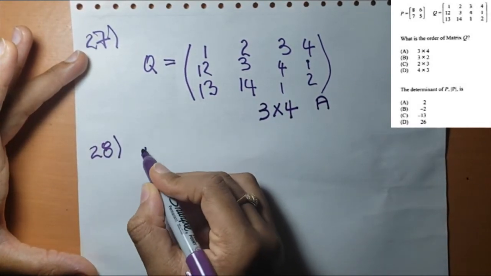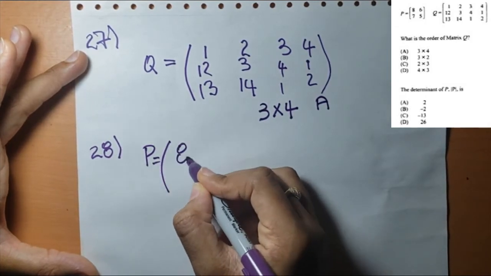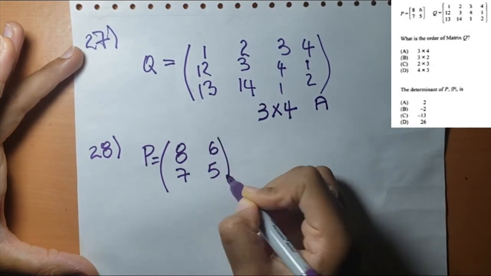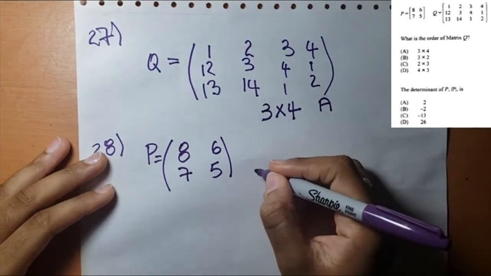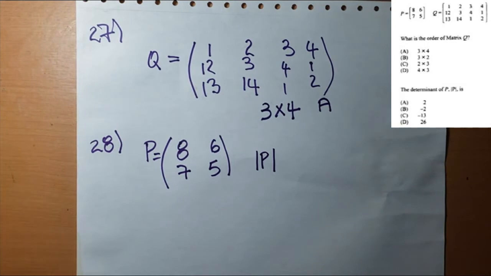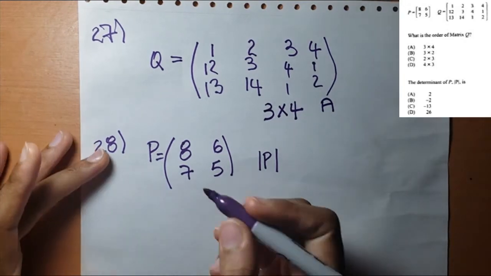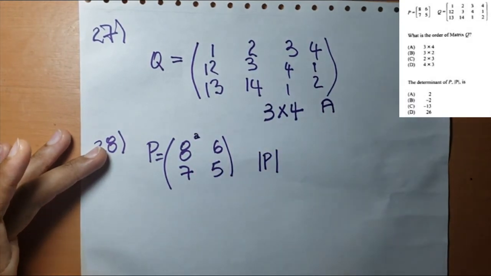Then we are given a matrix P. P is 8, 7, 6, 5, and we're asked to find the determinant of this matrix P. How do we find the determinant of a 2 by 2 matrix, might I add? An easy way to find the determinant is by calling this one A. You can write this in pencil.